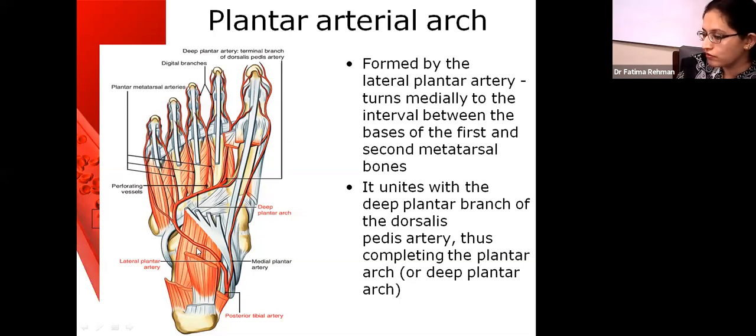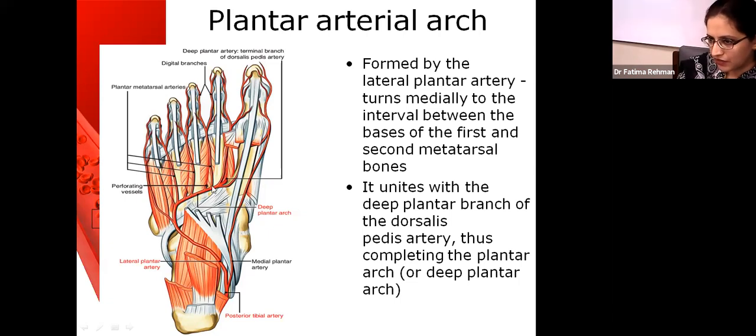Now, if you look at the lateral plantar artery, it comes to lie over the tarsal bones, then the metatarsal bone, and after that it makes an arch-shaped course over the plantar aspect of the bases of the metatarsal bones.